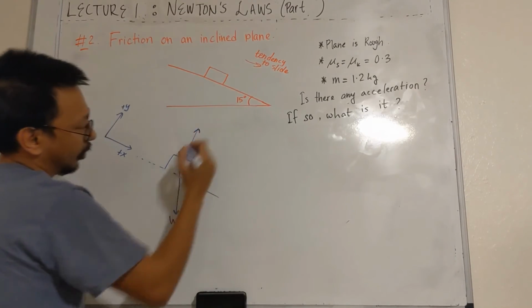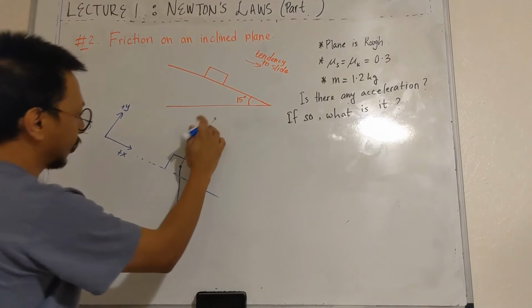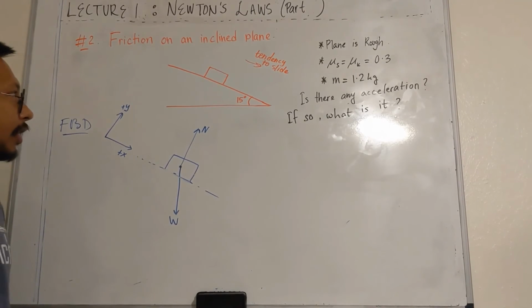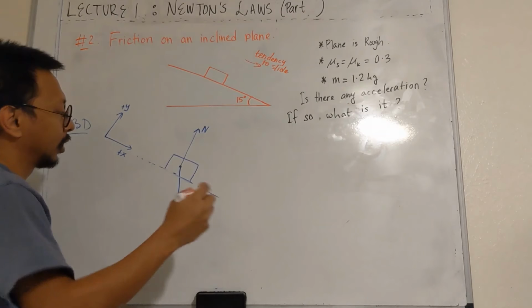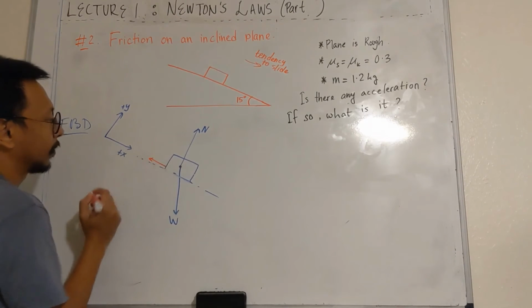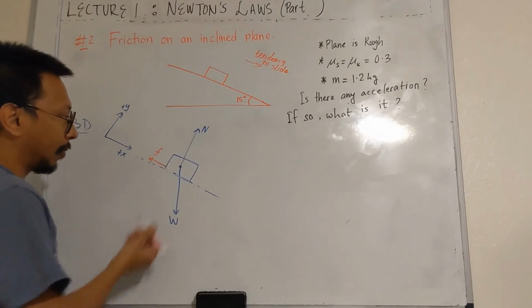Normal force, and then since the tendency of the book is to slide downwards, the friction will be upwards, up along the plane.